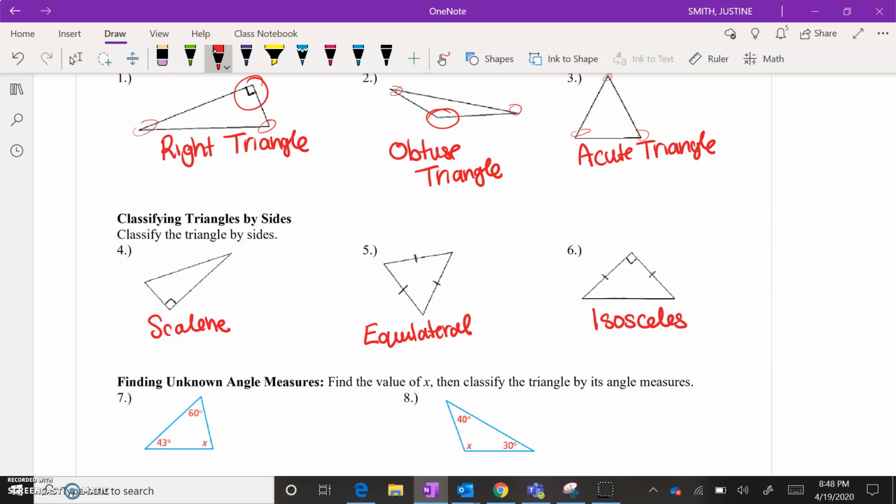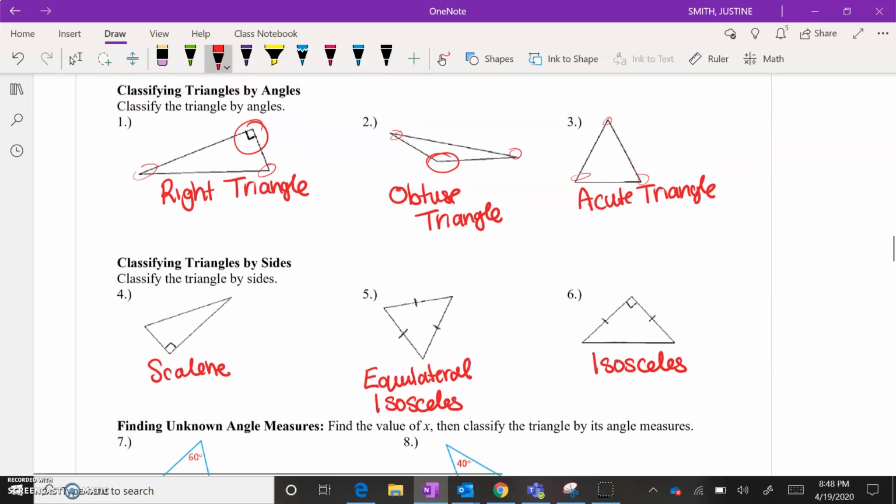Okay, and equilateral, we're also going to say could be isosceles as well, because it has at least two congruent sides. All right, so sometimes people get confused. It will say classify by angles, and they'll classify scalene, equilateral. So if it says angle, make sure you're doing right, obtuse, acute. If it says side length, that's your scalene, equilateral, and isosceles.